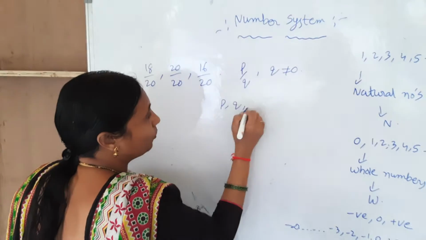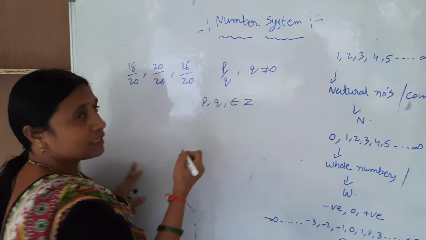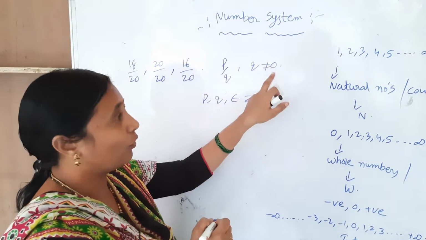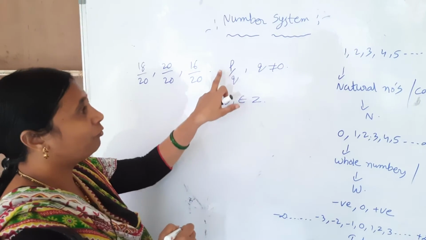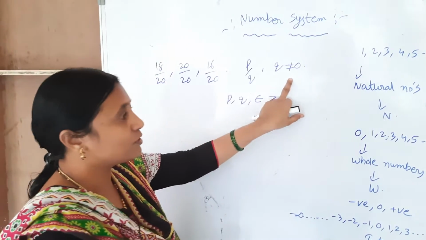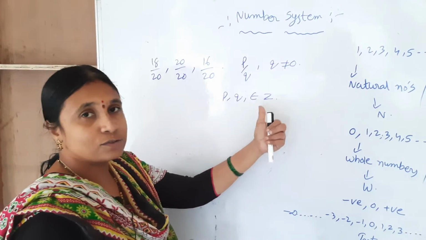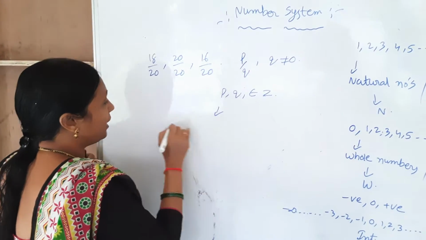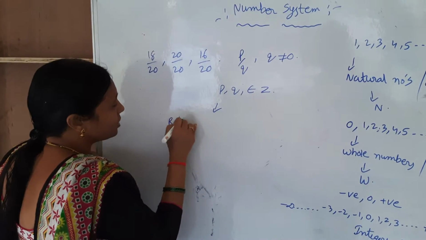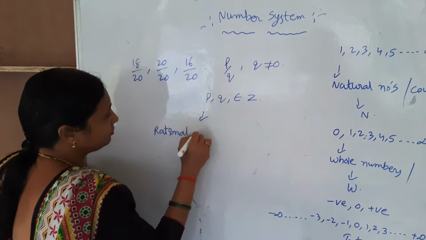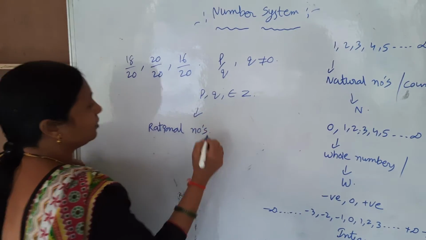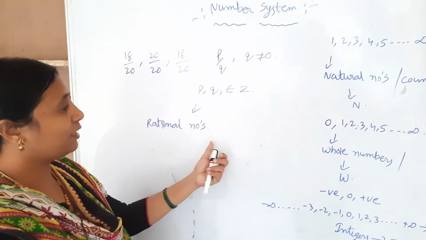The numbers which are in the form of P by Q, Q not equal to 0, with P and Q belonging to Z, are called the rational numbers.